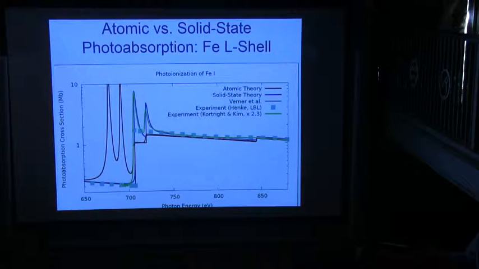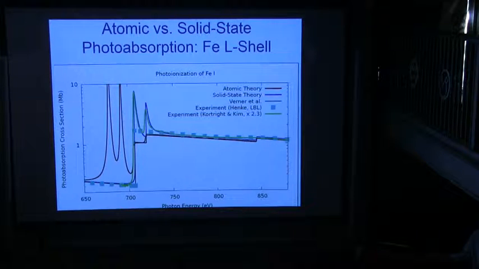I think these are just extrapolations down to threshold, but these are experimental measurements. It puts this other experiment on what should be the same absolute scale, needing a factor of 2.3.